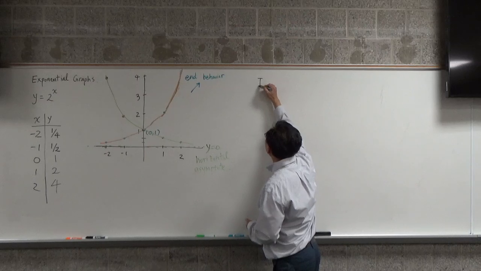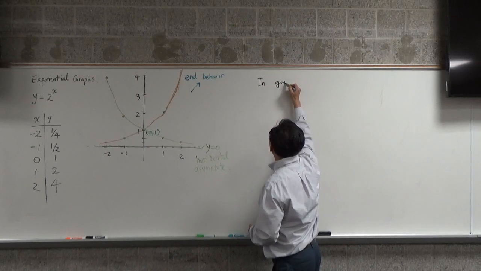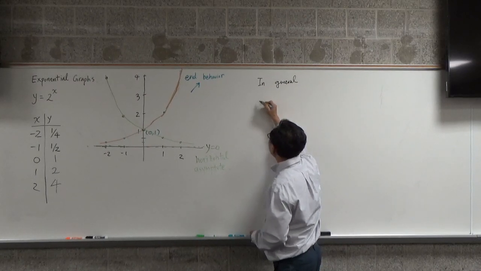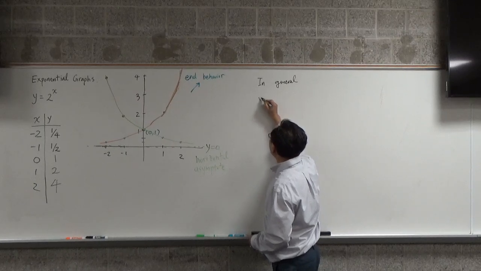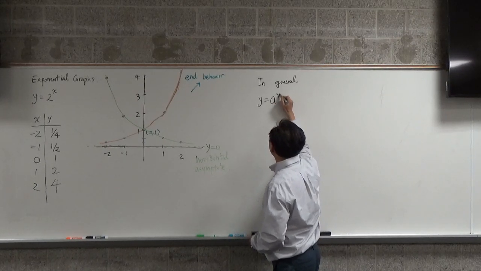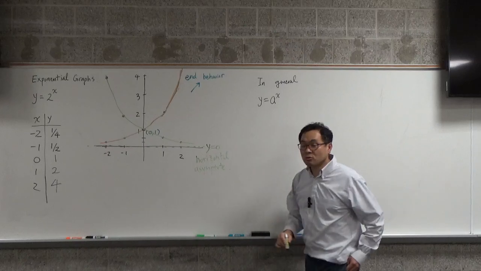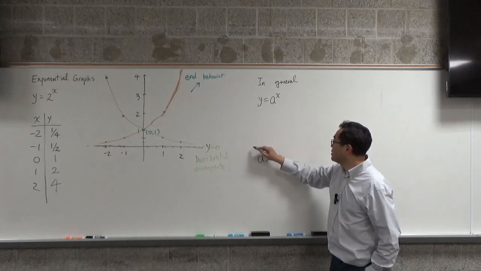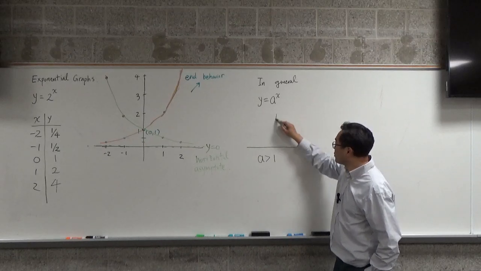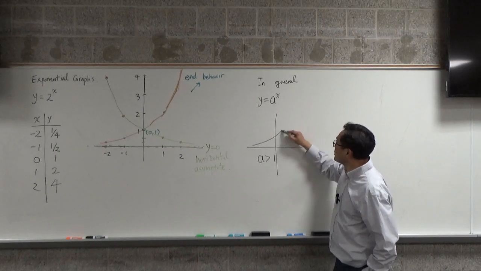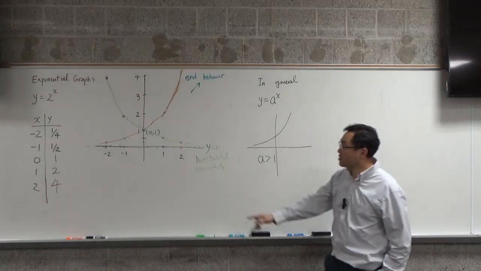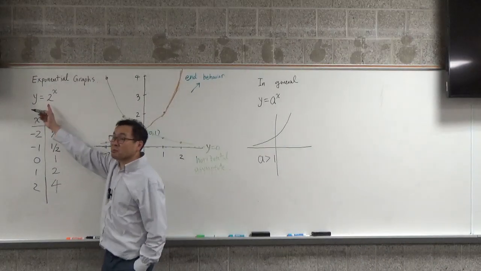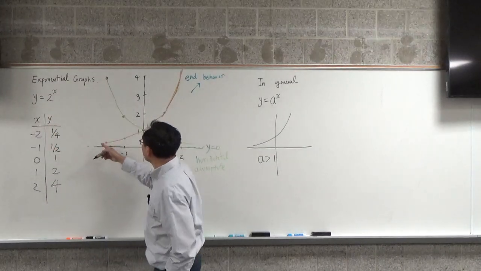So in general, if you have the graph of y equals a to the x, there are two possibilities. If a is bigger than 1, then the graph is going to increase like that, just like this graph. When, say, 2 is bigger than 1, right? So it's going to increase like that.